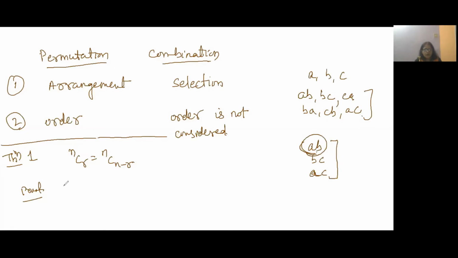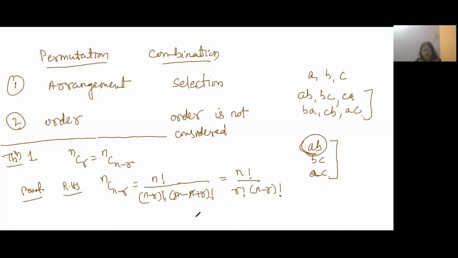So let me take the RHS. Now nC(n minus r) equals n factorial by (n minus r) factorial, then (n minus (n minus r)) factorial. Here n minus n cancels, so you get r factorial, and here it is (n minus r) factorial.